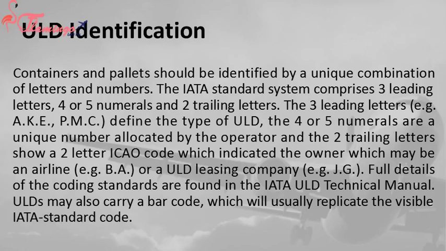Full details of the coding standards are found in the IATA ULD Technical Manual. ULDs may also carry a barcode, which will usually replicate the visible IATA standard code.